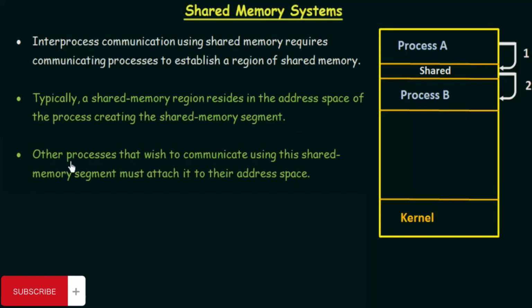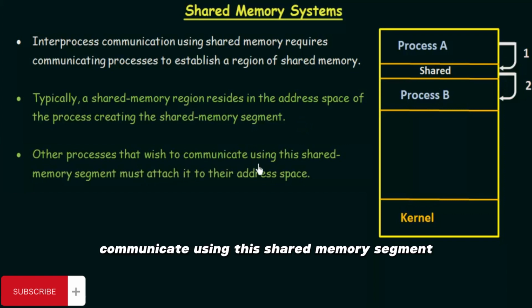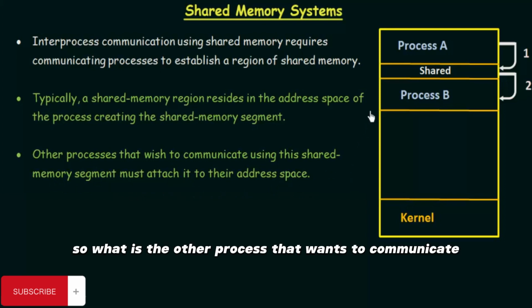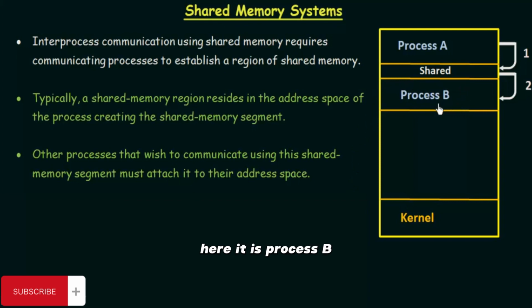Moving on, other processes that wish to communicate using this shared memory segment must attach it to their address space. So what is the other process that wants to communicate? Here it is process B. If process B wants to communicate, it has to attach the region of shared memory that was created by process A to its own address space.